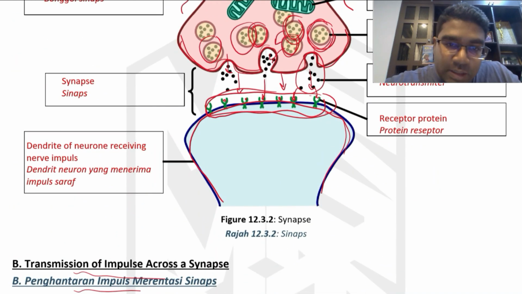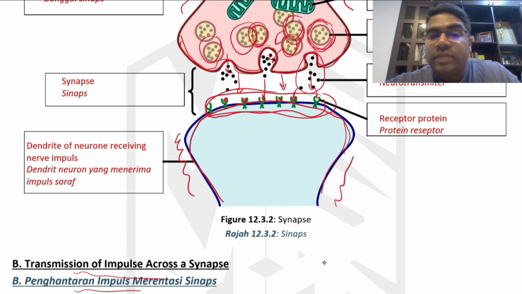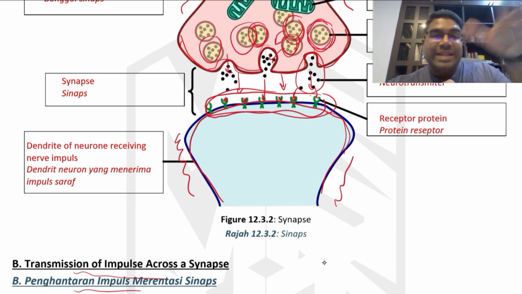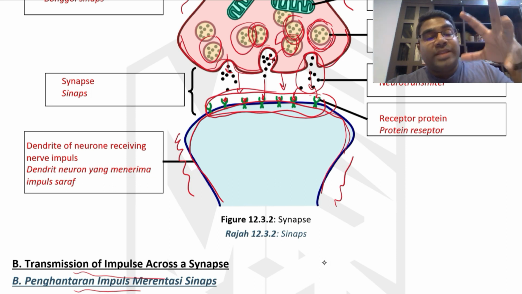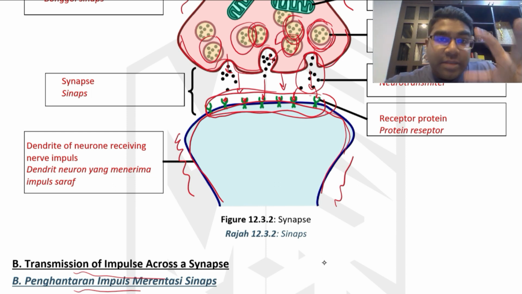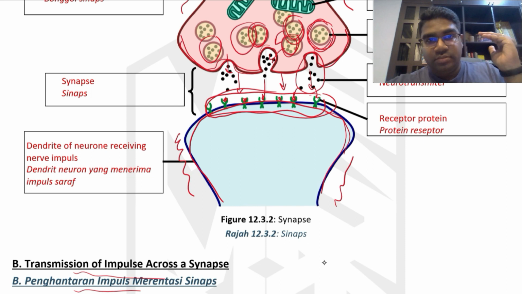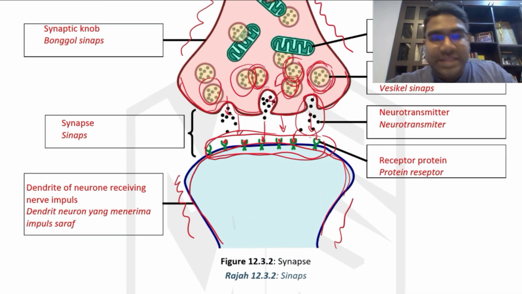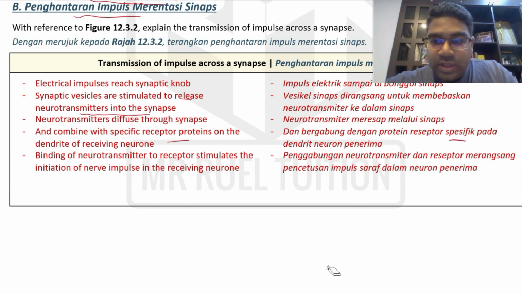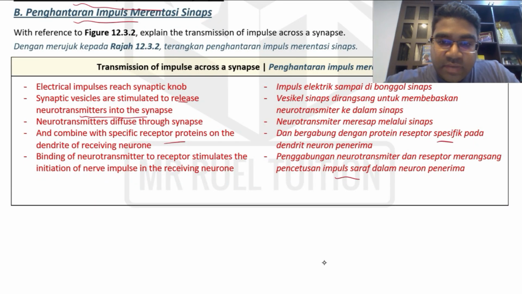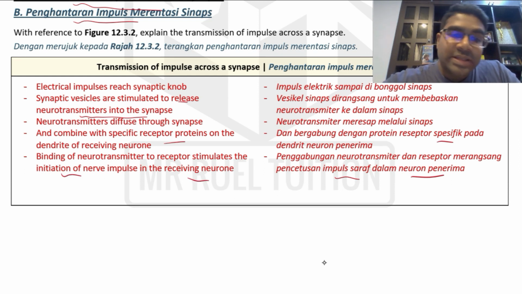As soon as it combines, what will happen? This will trigger the start of an electrical impulse in the dendrite. Ini akan mencetuskan penghasilan impuls elektrik dalam dendrite pula. Dia akan merangsang pencetusan impuls saraf dalam neuron penerima. It will stimulate the initiation of nerve impulse in the receiving neuron.